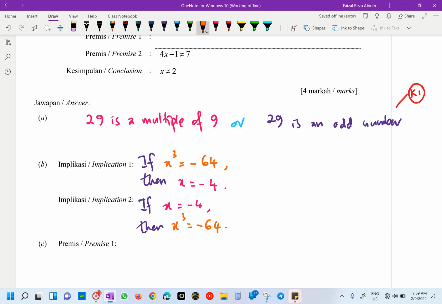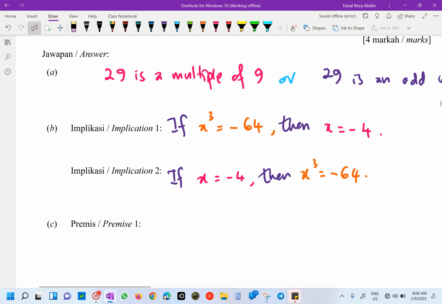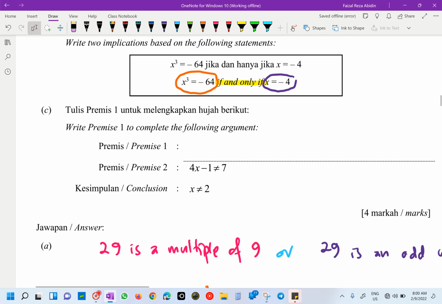Teacher, why did you write it below? Why not write it straight? You can. If like this also can. As long as there is if, then. If P, then Q. If Q, then P. Can? Can.